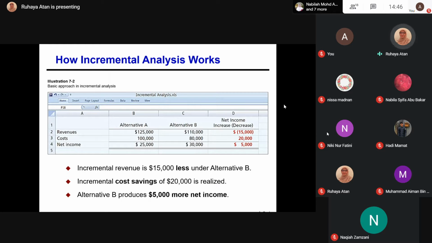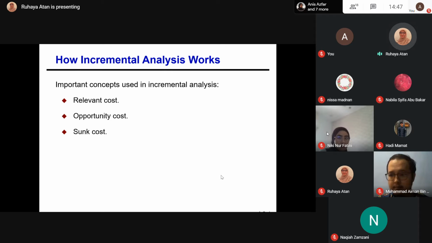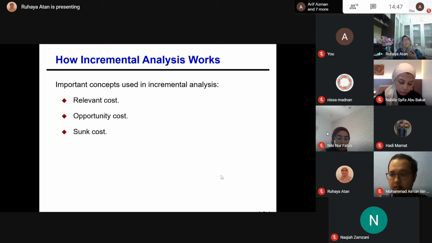Then let's go on. This is very important for you to understand. What are the cost concepts involved in incremental analysis? You have to understand this because in testing you will be given some relevant costs, some opportunity costs, and some sunk costs.